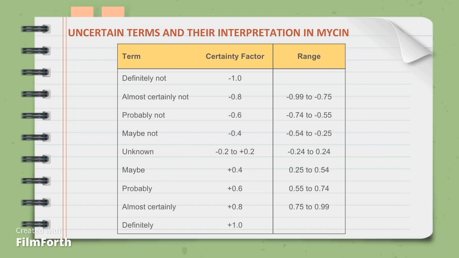The values between, such as negative 0.8, negative 0.6, and so on, have other representations, for example, almost certainly not, probably not, maybe not, unknown, and so on.